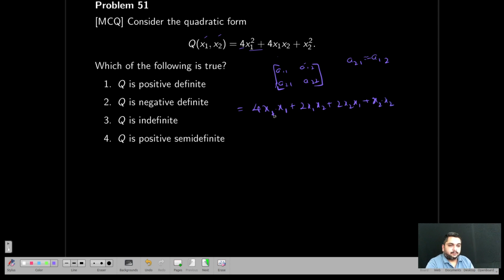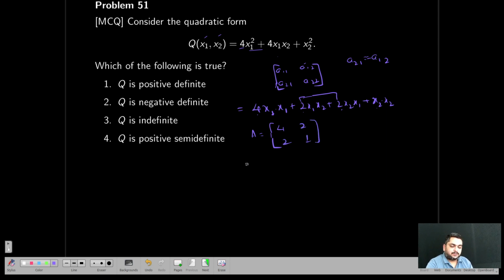This is A11, A12, A21 and A22. If you observe, A21 and A12 are symmetric. So your matrix A is equal to 4, 2, 2 and 1.